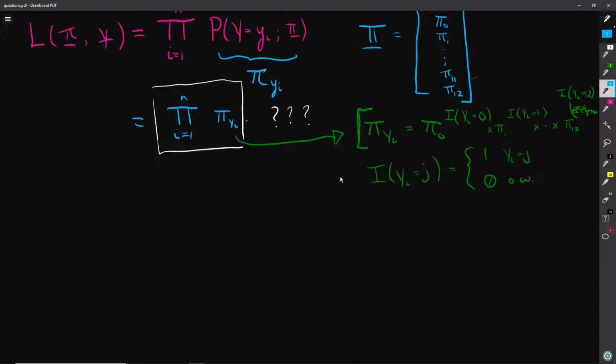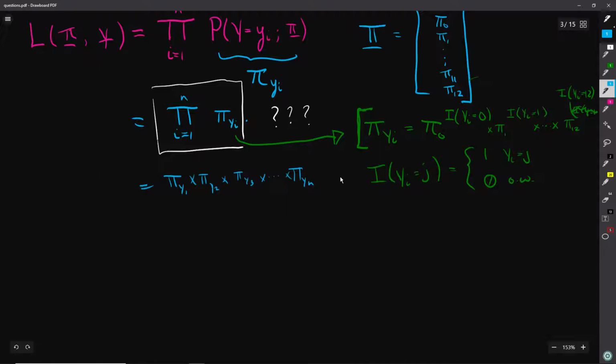So if we think about what this product is, it's the product of pi y1 times pi y2, times pi y3, and so on, up to pi yn.